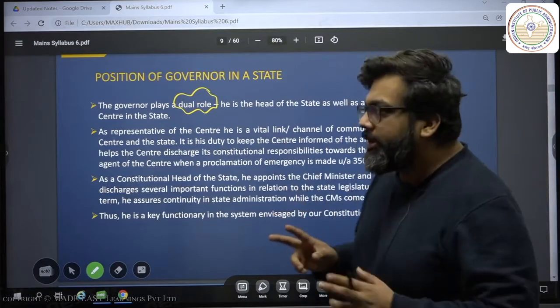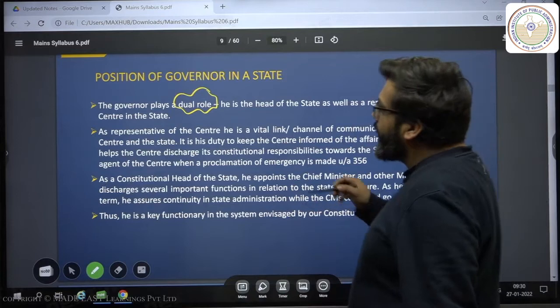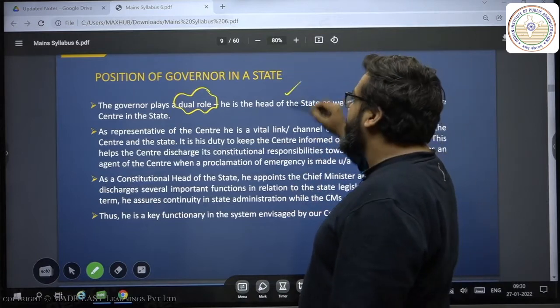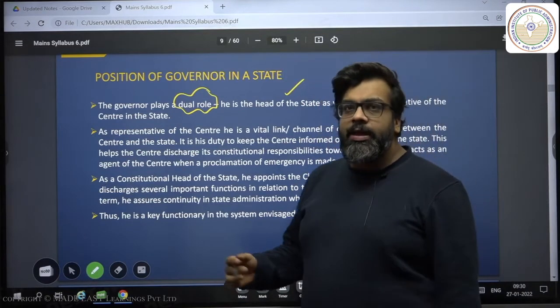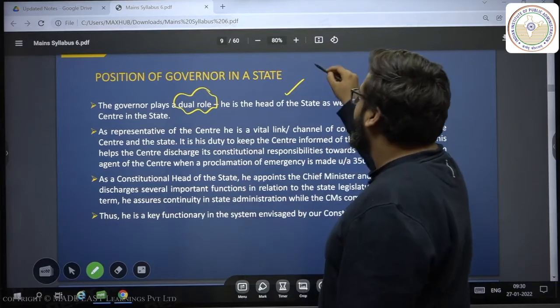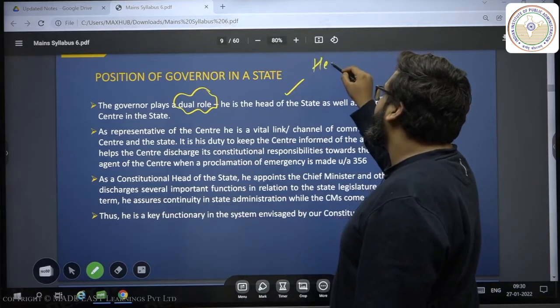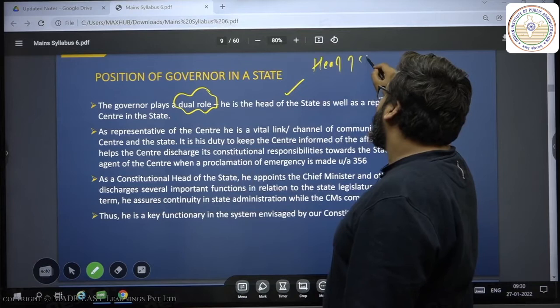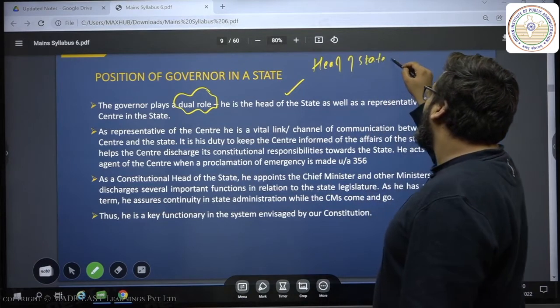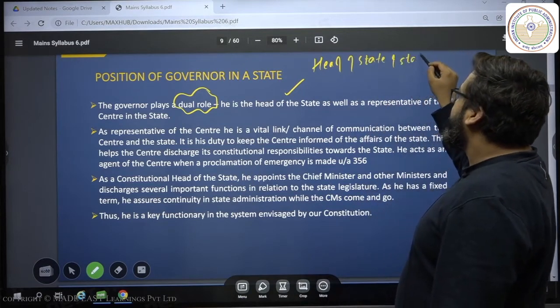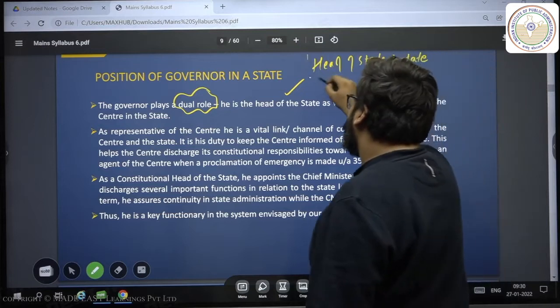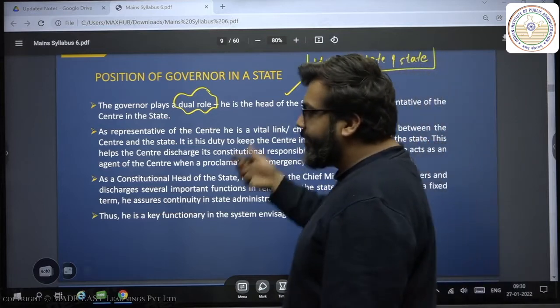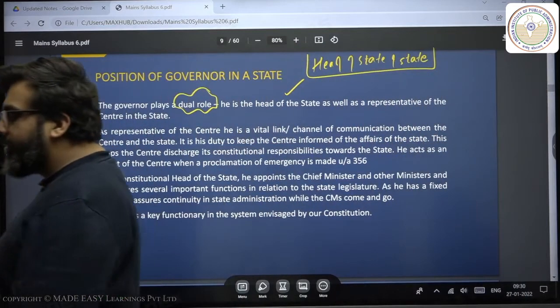So there are two things that you have to do. First, you have some responsibilities as the head of the state. So the governor is the head of the state, right? So you have certain responsibilities, certain manifestations of that responsibility.